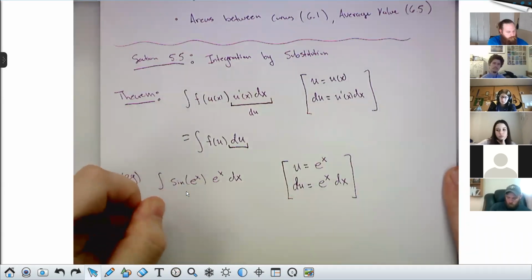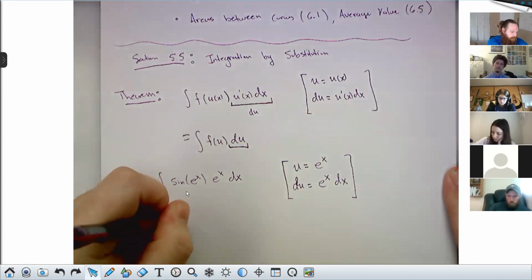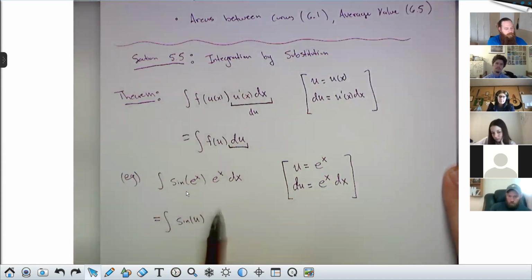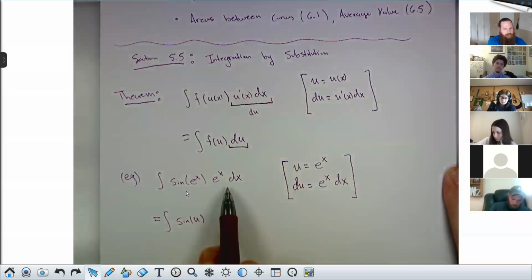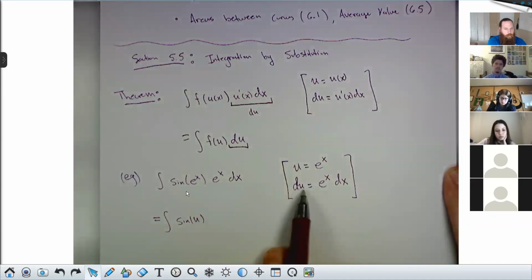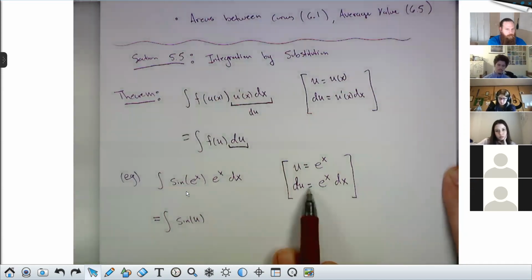Under that substitution, this integral becomes sine of e to the x, that's the sine of u. And then this piece, e to the x dx, is du. So we don't get another u from this e to the x. E to the x times dx, that whole thing is du.